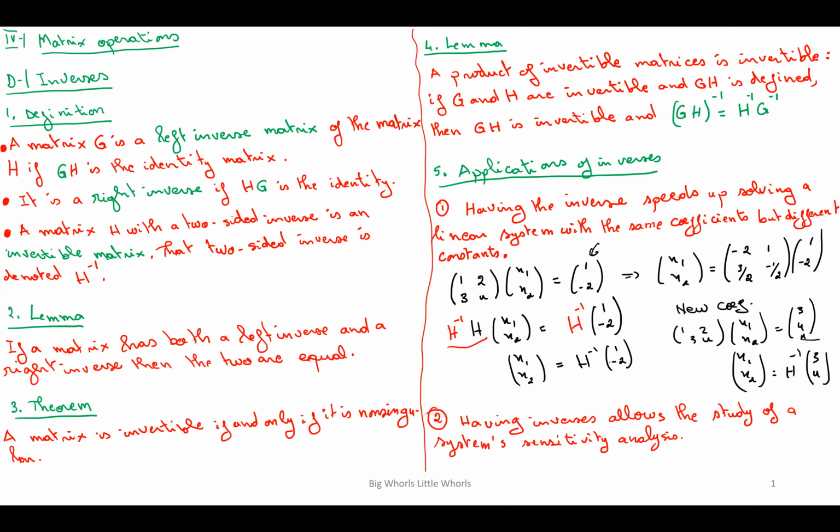Let's say for the first example the constants are 1 minus 2, and we have the solution x1 x2. Let's assume that this time we have the new constants 1.1 minus 2. What is the new solution, and what is the difference between those two solutions?